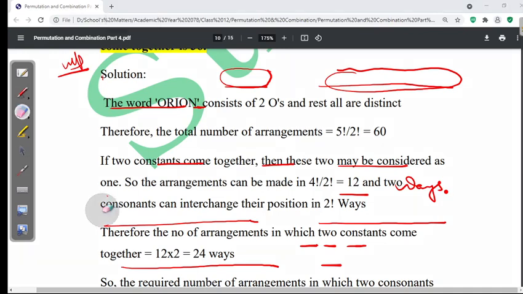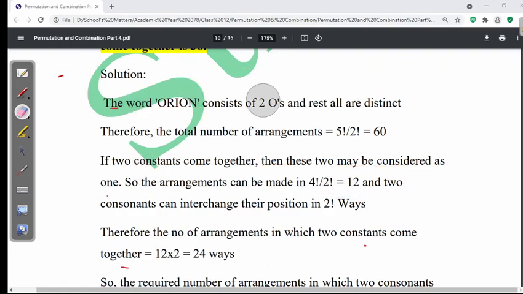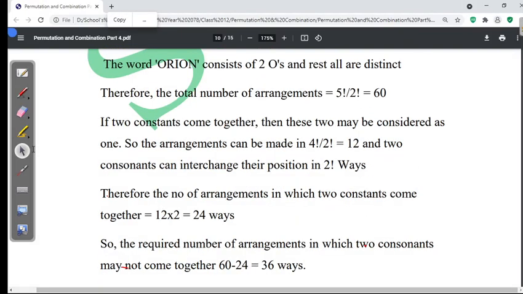That's why we have to multiply 12 into 2. That's why it is 24 different ways. Now from the 60 total, we have to subtract 24 to obtain the arrangements in which two consonants do not come together. In this way we can solve this question.